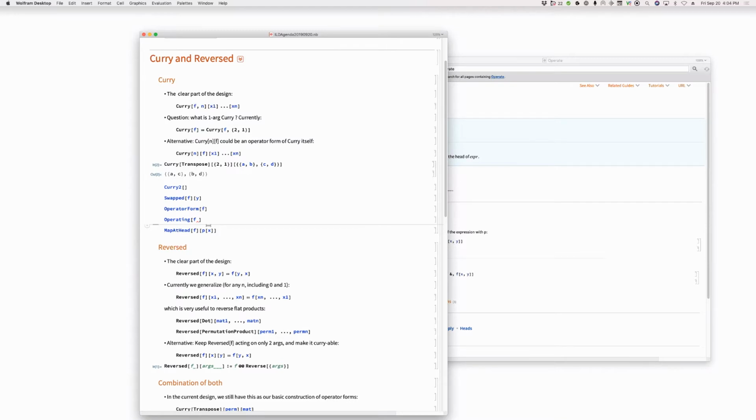It could be that we actually rename our current curry as operator form, and then maybe make curry do the Roman thing. I see. Yeah, we could do that. This would make for some reasonably readable code. Yeah, I agree.